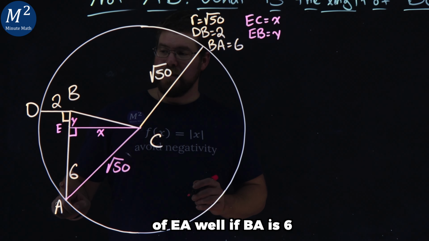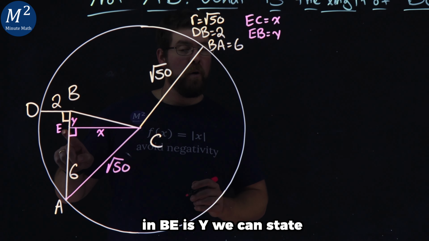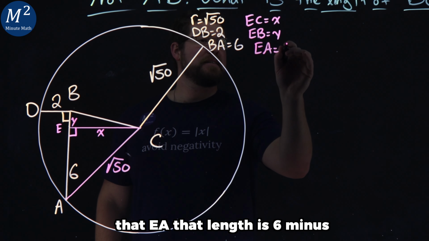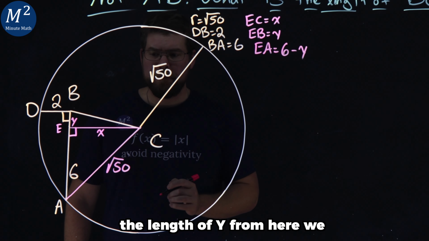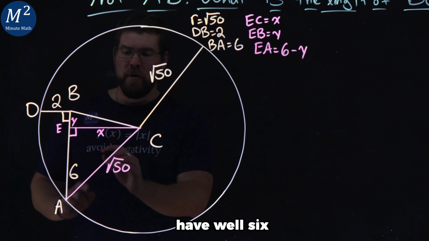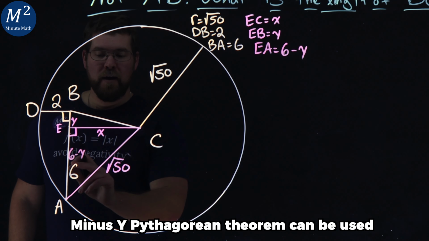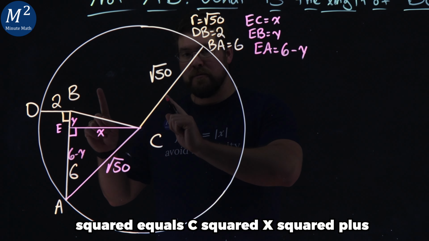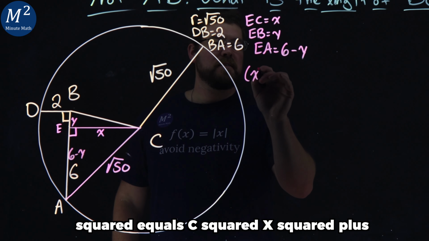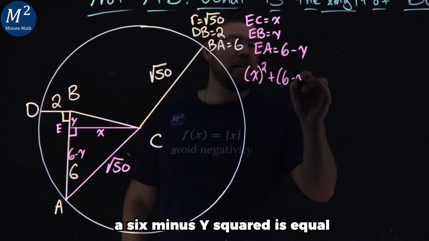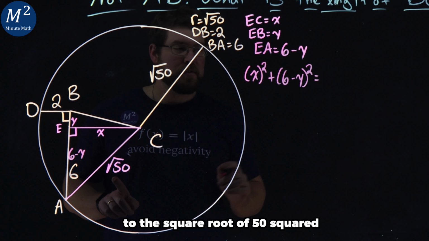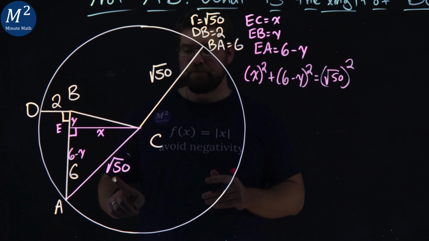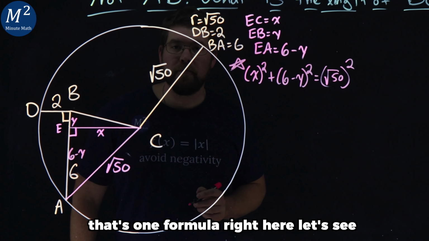Well, if BA is 6 and BE is Y, we can state that EA is 6 minus Y. Pythagorean theorem can be used on this triangle. A squared plus B squared equals C squared. X squared plus 6 minus Y squared is equal to the square root of 50 squared. All right, that's one formula right here.